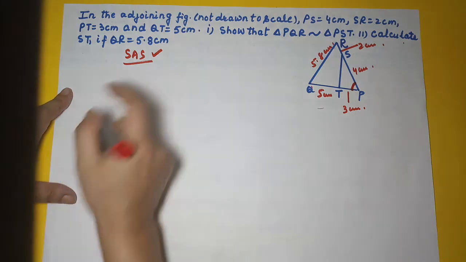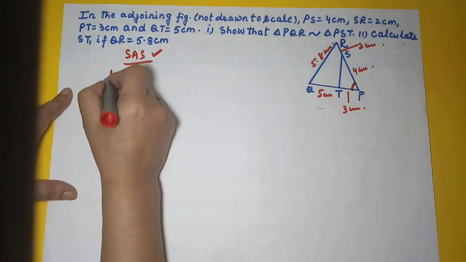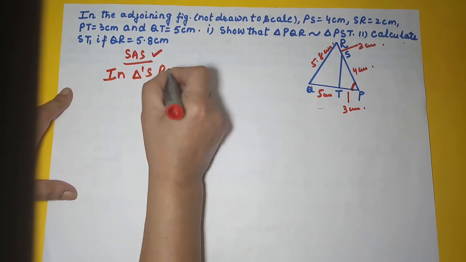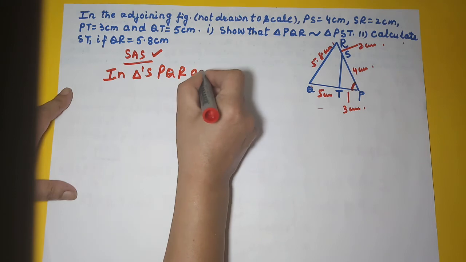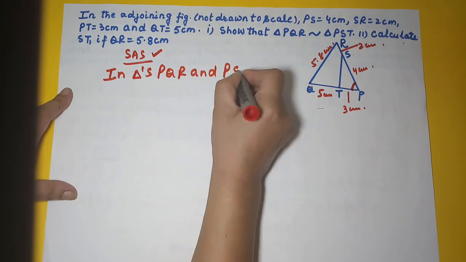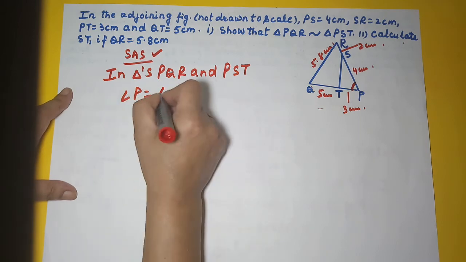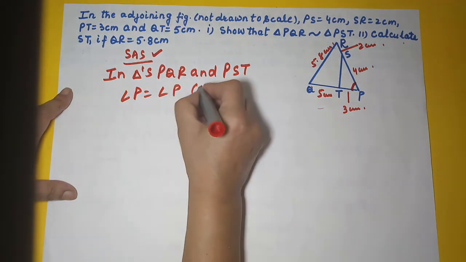Fine. So what will I do? I will write in triangles PQR and PST, angle P is equal to angle P, right? That is common between the two.